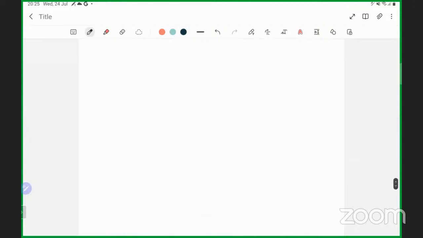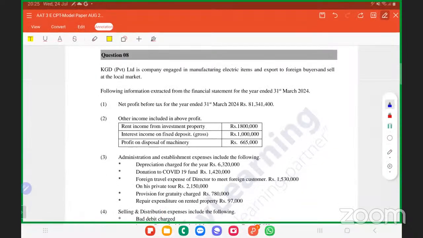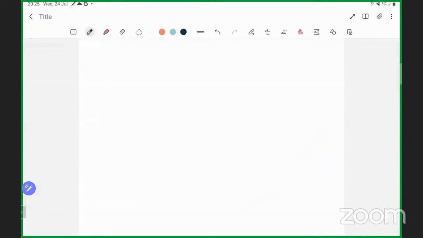When I draw the structure, you know that employment income is not applicable for a company. So what is the name of that company? The KGD Private Limited.